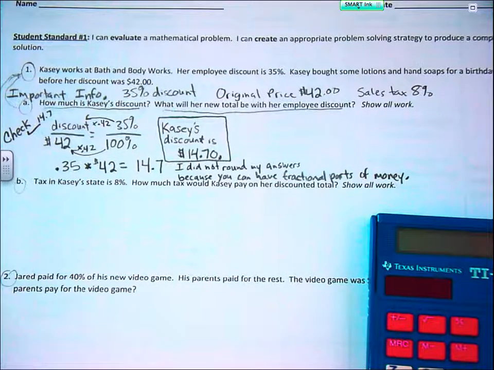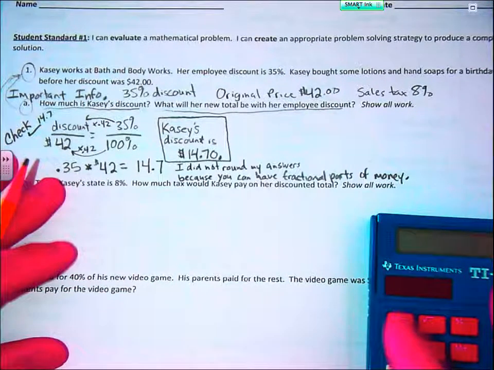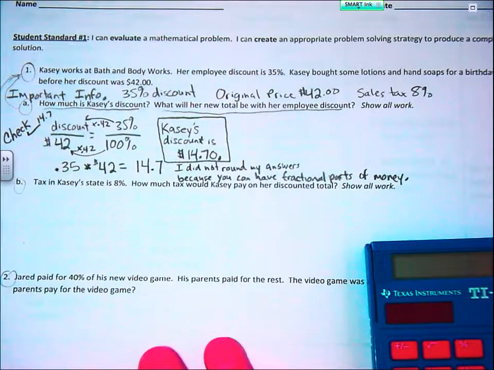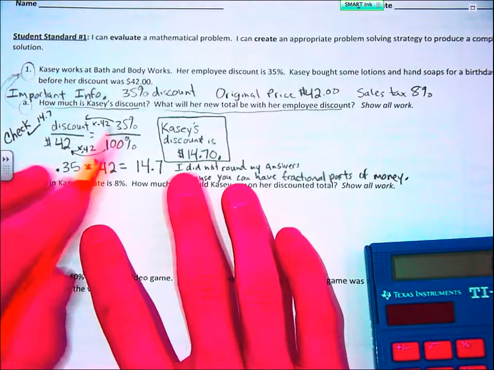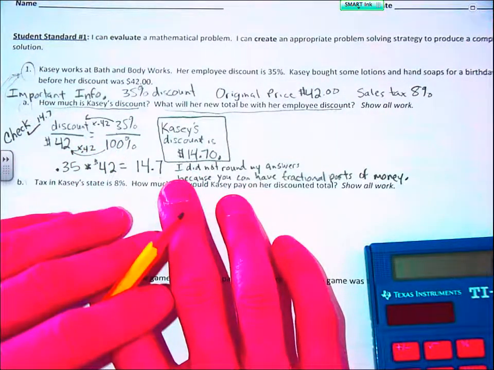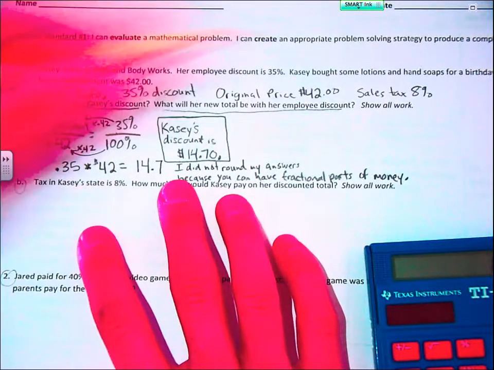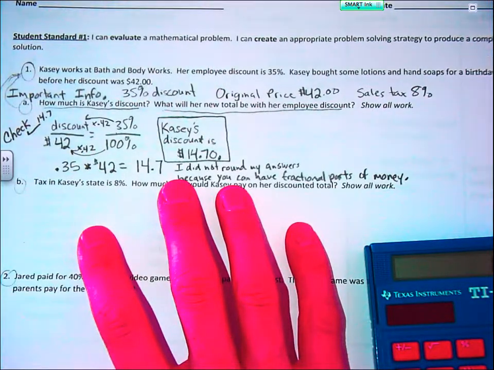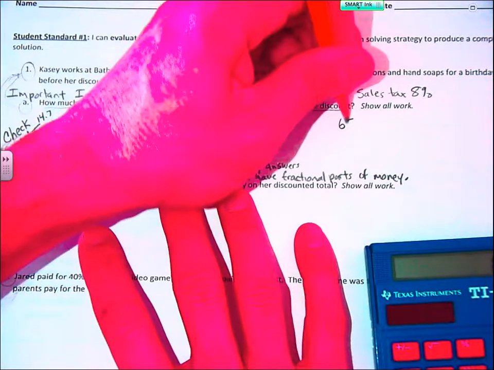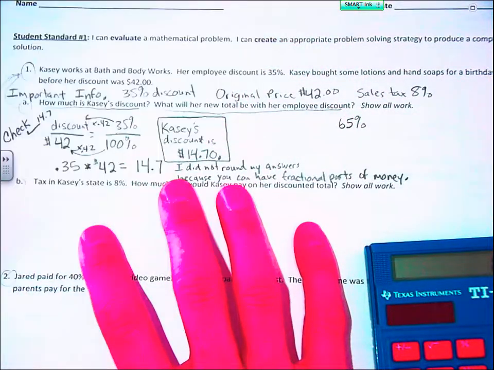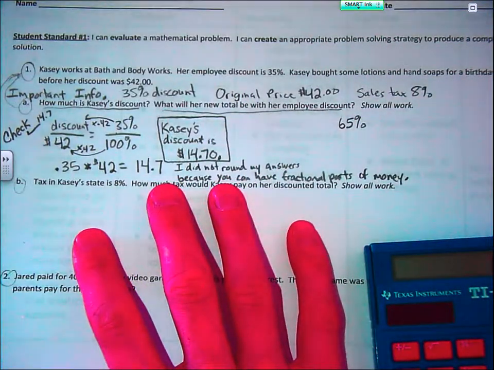What will her new total be with her employee discount? So, her employee discount, I'm thinking of two ways to solve this. If her discount was 35%, that means the whole thing was 100%. That means she would have paid 65% of the total cost.